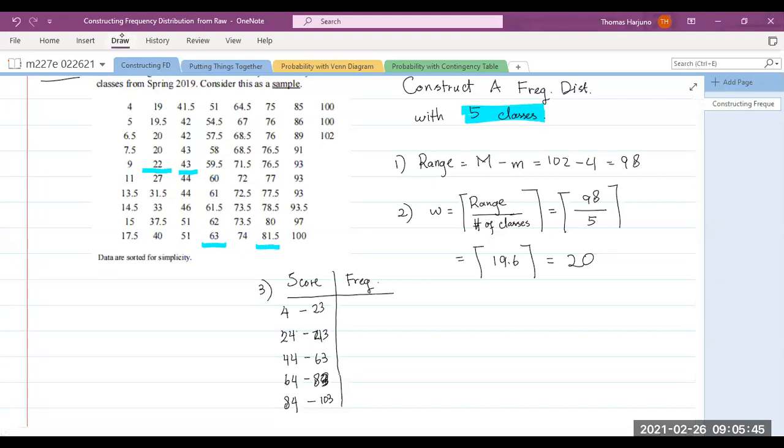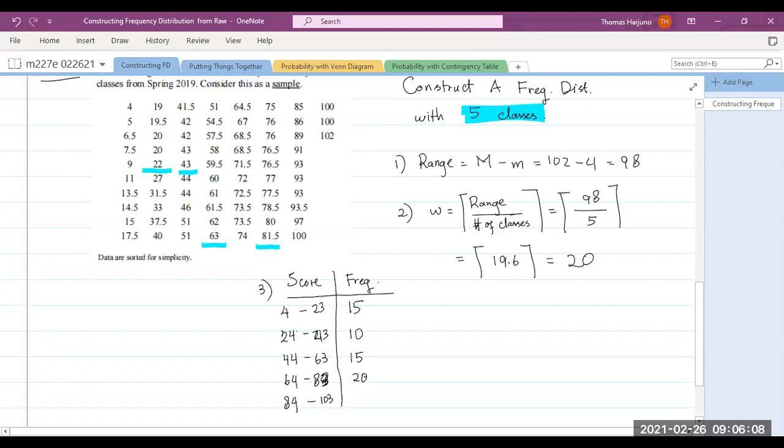So the first class will be how many people? There will be 15. The second class, from 24 to 43, there are 10. From 44 to 63, there are 15 again. 64 to 83, they are 20.